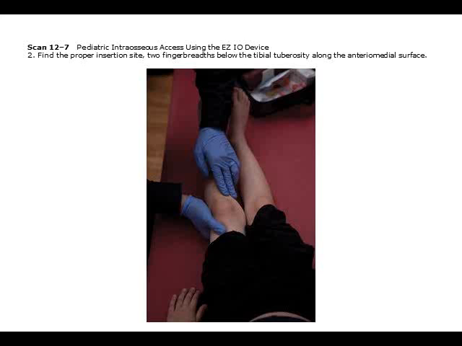Find the ridge underneath your kneecap. Move to the middle, just ever so slightly. Find the knobby top of your tibia, and then that flat surface right below the knob. That's where you're going to be going, 2 finger widths below that knob. So 2 finger breadths below and along the anteromedial surface.